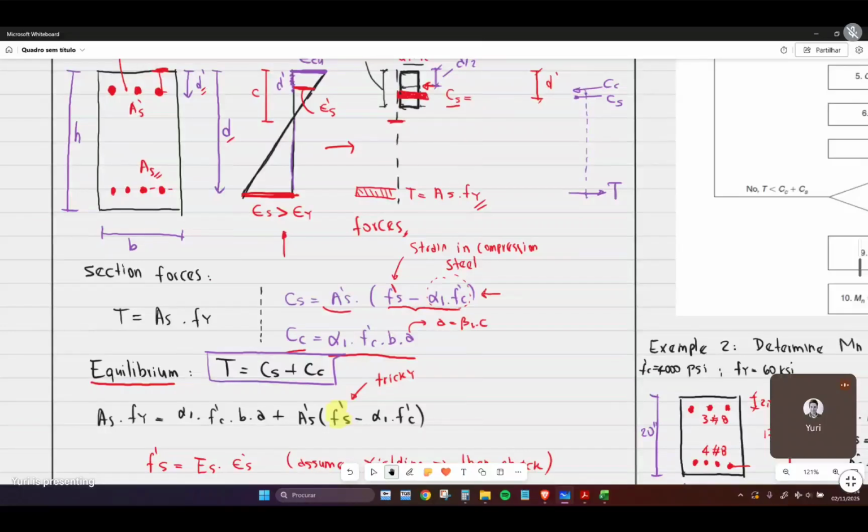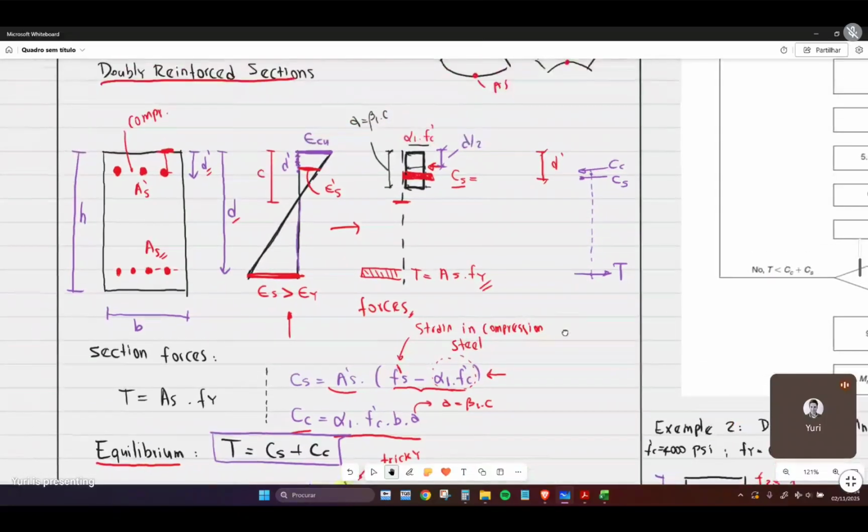One last thing here is the lever arm. The lever arm should be between the center of mass of these two forces towards the T. These can sometimes get confusing.